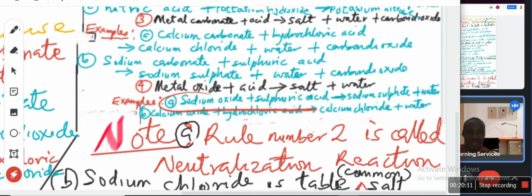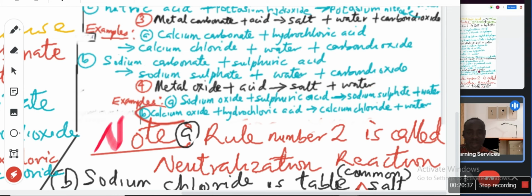Now let's look at a few examples as we conclude the rules. Read this very quickly. Examples. Sodium oxide plus sulfuric acid equals sodium sulfate plus water.